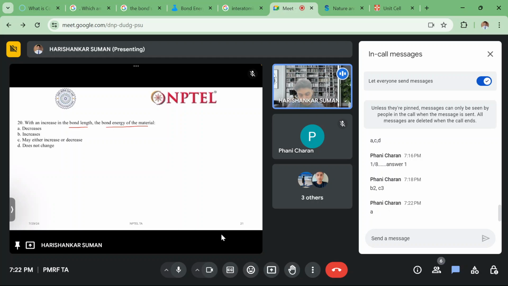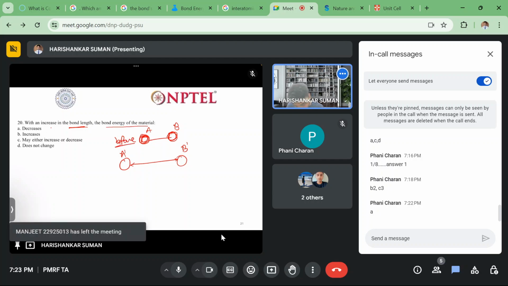Let's see, if atoms A and B are separated by this much length. Before, AB is here, and after, the bond length is increased, L1 to L2.